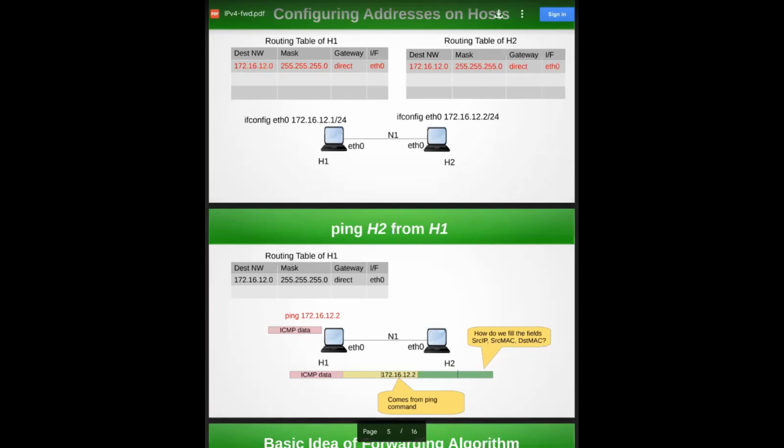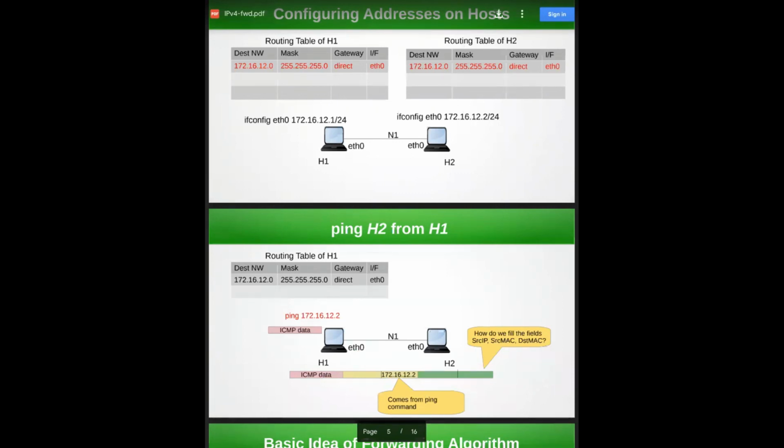So you have ICMP data, which is given to the IP layer, which means that there is an IP header which is prepended. There has to be a frame header which is prepended. Only then can you transmit data from H1 to H2. Yes? Yes, ma'am.